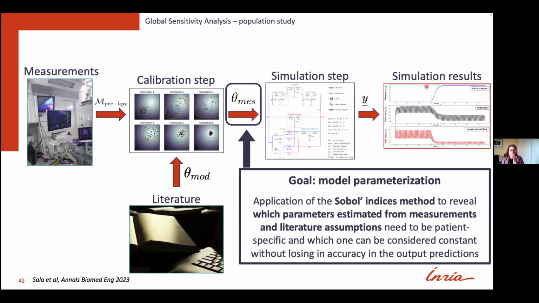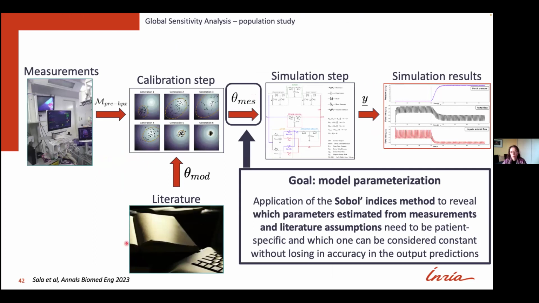So there is something that is a bit under the hood here. It's the calibration process and how uncertain our predictions are. Here is how it works for now. We have these measurements.